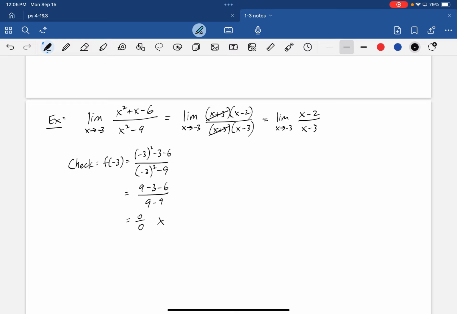Yes, very good, because we don't have any issues with dividing by 0. So in this case, to evaluate this limit, all I need to do is plug in x equals -3, and then I'll have my limit. So this limit is simply going to be equal to -3 minus 2 over -3 minus 3, which is 5 over 6.